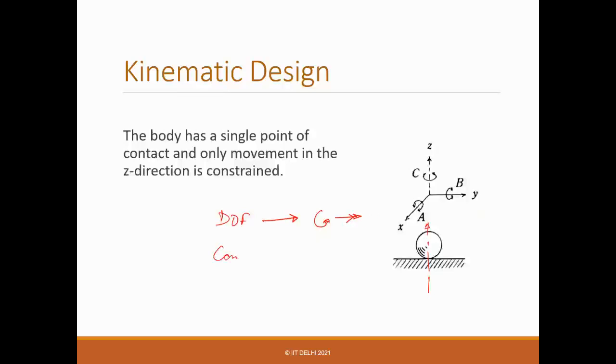If it's a constraint, then you use dotted lines. So here, translation in the z direction is dotted, which says it's a constraint. Similarly for rotation, use dotted with double arrows. Yeah, so this is just about some notations.